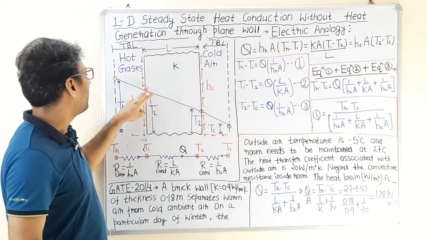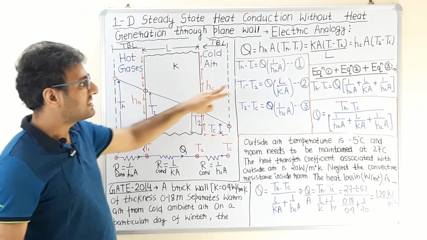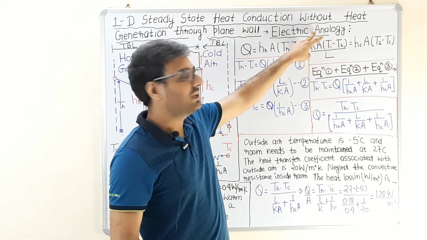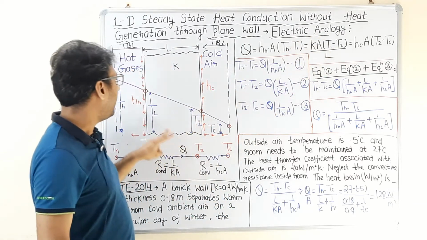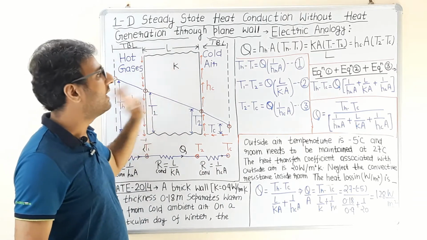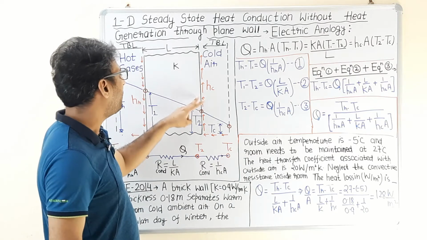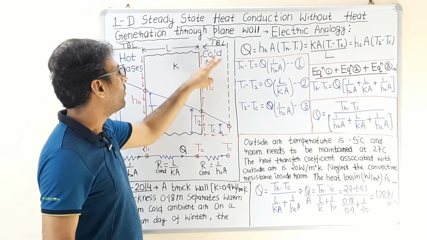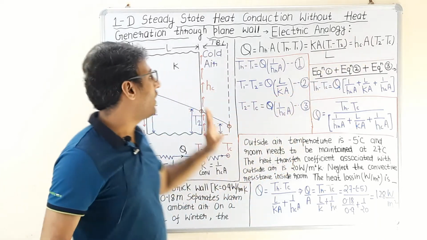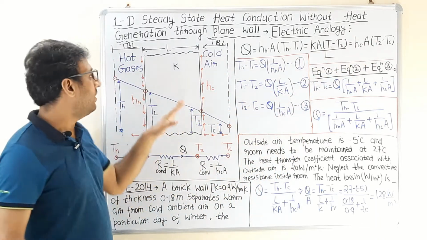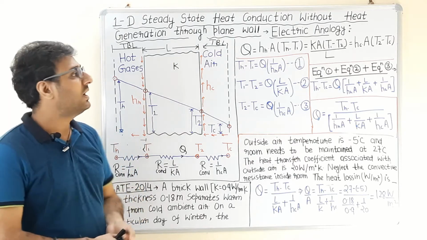Further, the heat transfer rate from the inner face to the outer face by conduction is given by Fourier's law of conduction, which is given as K A (T1 minus T2) divided by the thickness of the wall L. And further, the heat transfer rate from the outer face of the wall to the cold air is given as Hc A (T2 minus Tc).